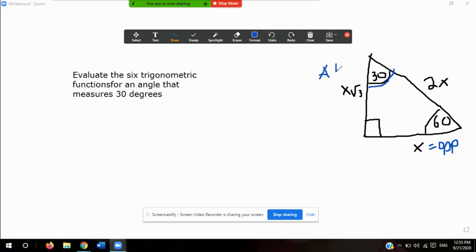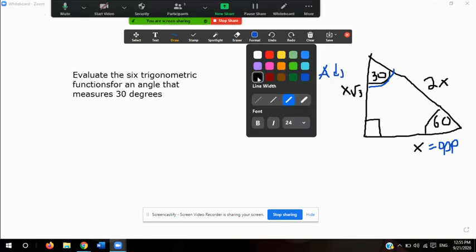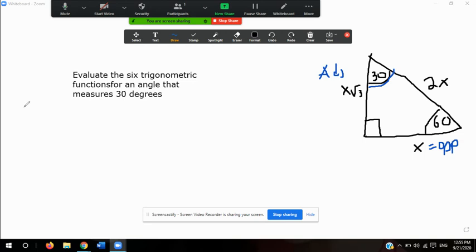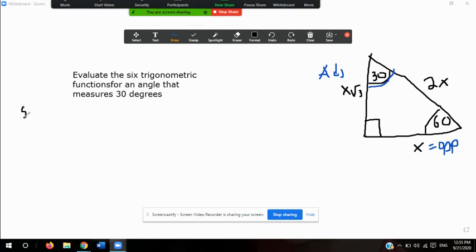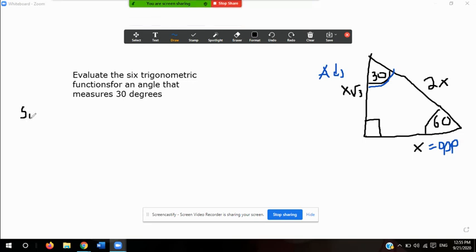So if we want to know, for example, the value of the sine of 30 degrees, the sine of 30 is opposite over adjacent, or excuse me, opposite over hypotenuse.